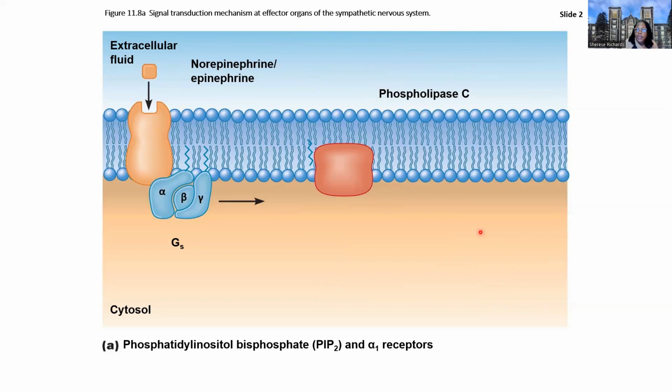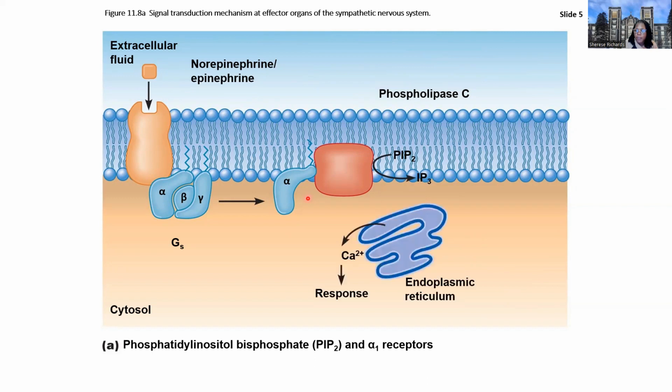So just to walk through those steps here. Norepinephrine binds, and the G-stimulatory protein has the alpha subunit dissociate off. It is going to bind to phospholipase C, which is activated at this time. Now it's going to cleave phosphatidylinositol bisphosphate into two smaller parts, which are IP3 and DAG.